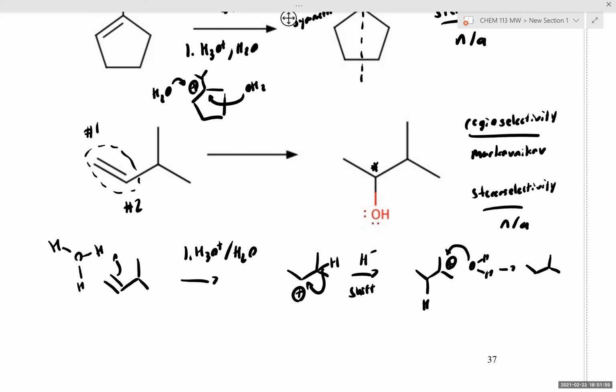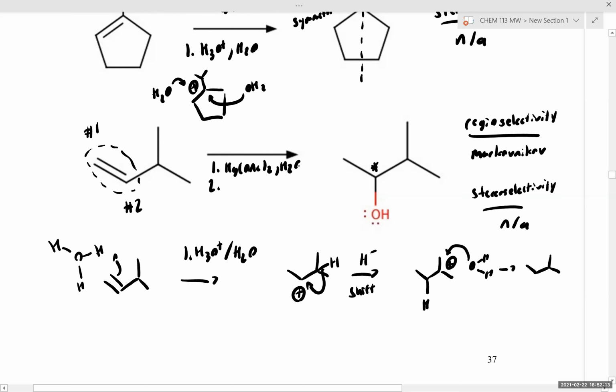What conditions get around these rearrangements? Oxymercuration, exactly right. So we are forced in this case to use mercury for oxymercuration conditions, because oxymercuration sidesteps a carbocation intermediate, and as a result, we don't see rearrangements.